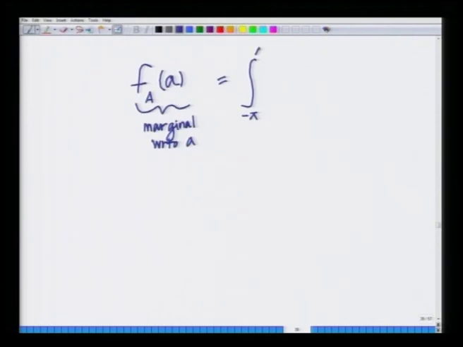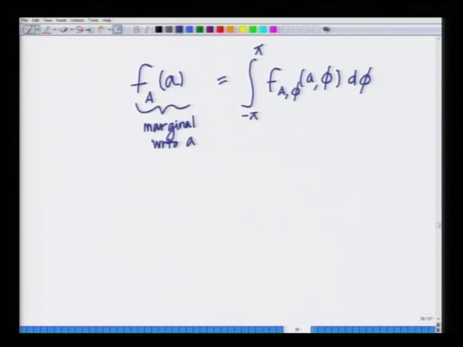So, it varies from minus pi to pi, that is simply the integral from minus pi to pi of f of a comma phi d phi.